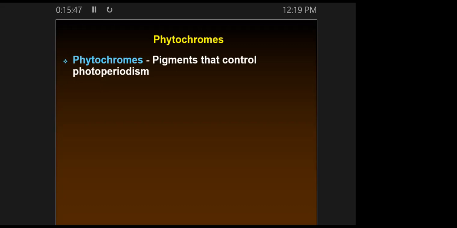So phytochromes are these pigments that were discovered that can pick up on the light versus the dark.